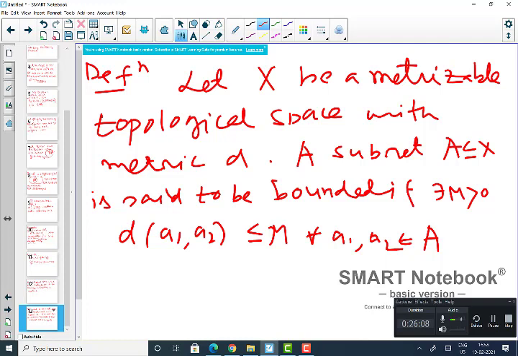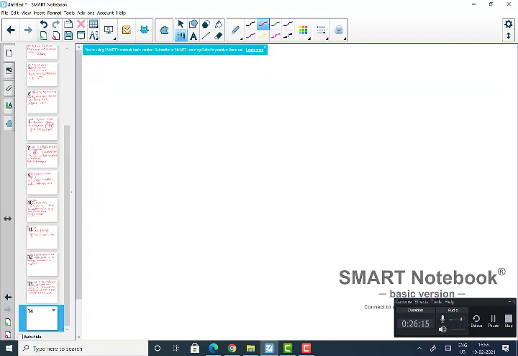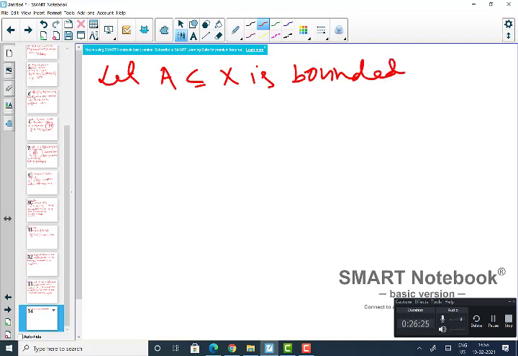This is again a metric property, the diameter. It's not a topological property. Okay, so the diameter. Let a subset of X be bounded, and obviously I am checking non-empty also, otherwise it is kind of a backwards definition.